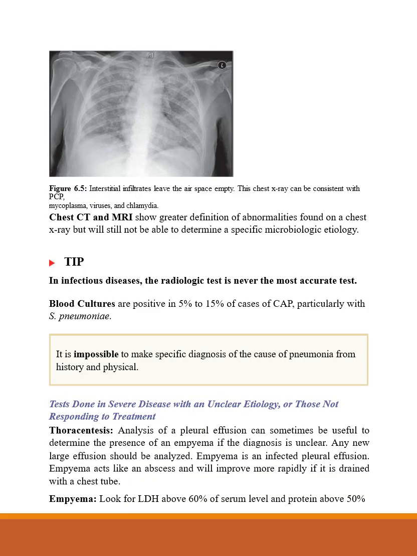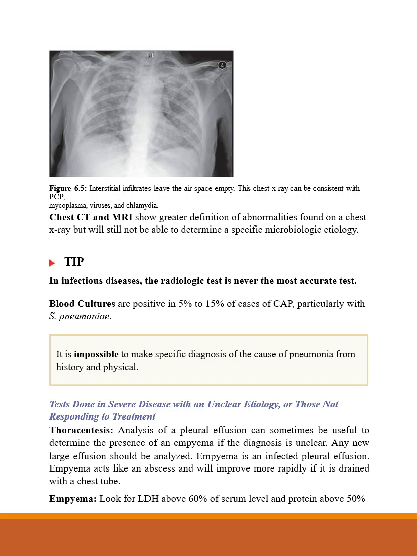On this slide, which is number 9, figure 6-5 shows the interstitial infiltrate, which leaves the air space empty. The chest X-ray can be consistent with PCP, Mycoplasma, viruses, and Chlamydia.